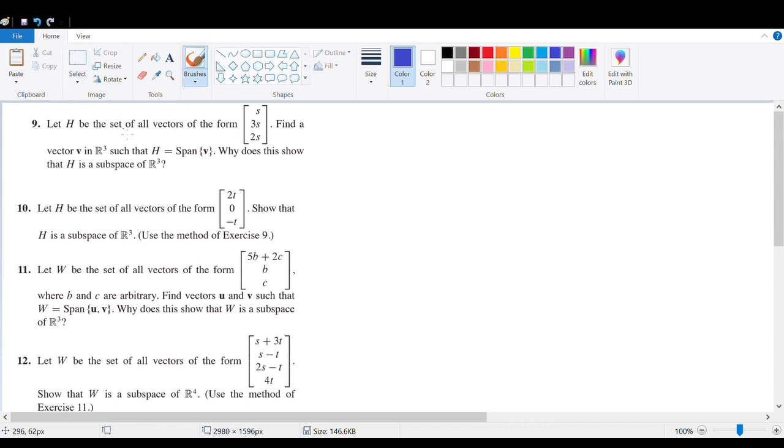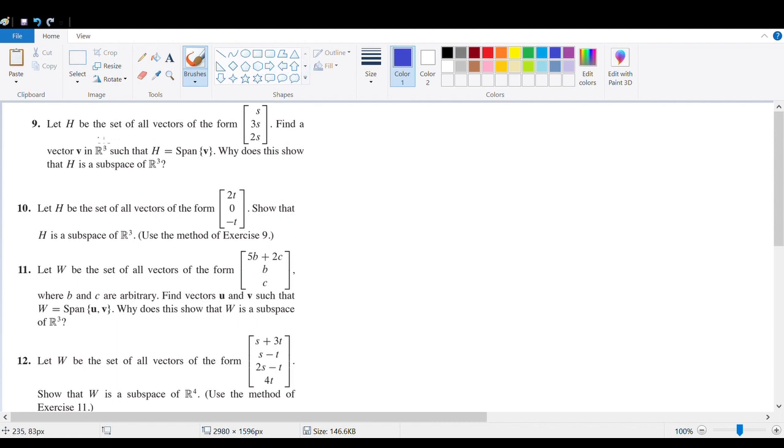In 9, let H be the set of all vectors of the form (s, 3s, 2s). Find a vector v in R3 such that H is equal to span of v. Why does this show that H is a subspace of R3?